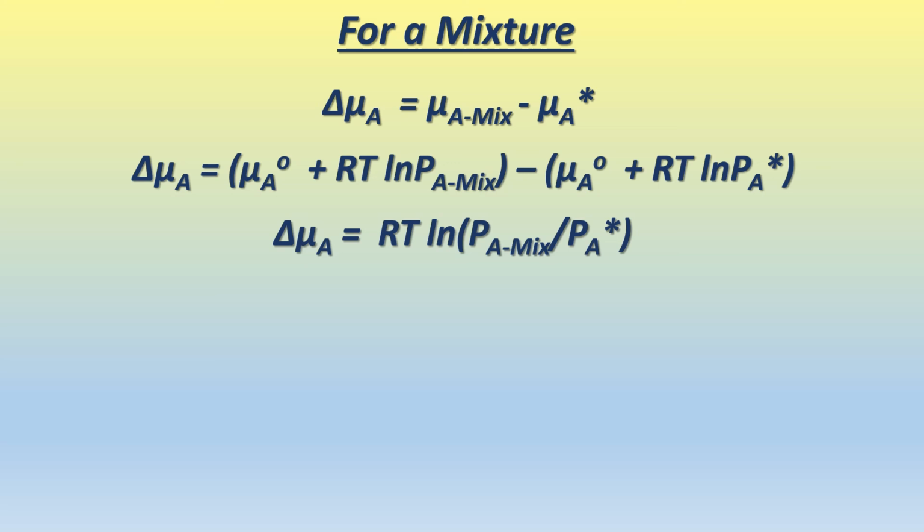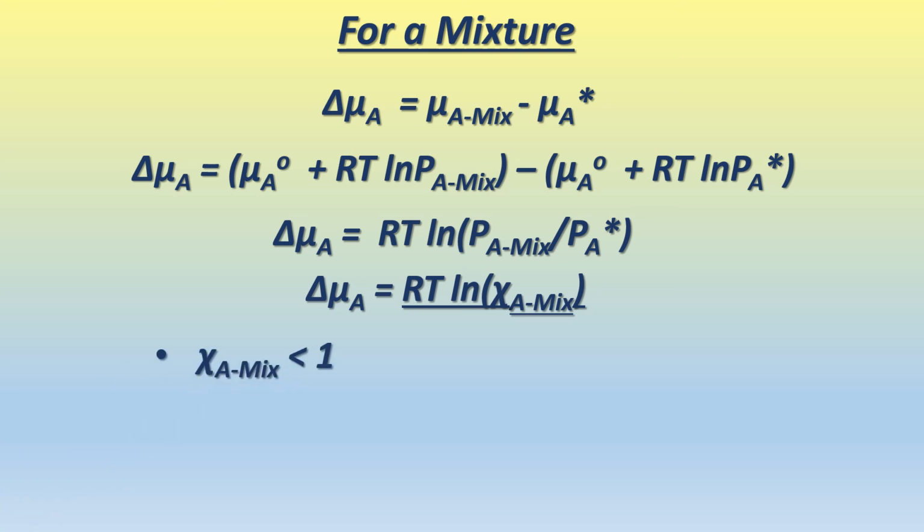That term, according to Raoult's law, gives you the mole fraction. So the change in potential for the solvent in forming a solution is RT times the log of the mole fraction of solvent in the solution. This actually has a profound effect in explaining why solutions form. By definition, if one has a mixture, the mole fraction of each component must be less than 1.